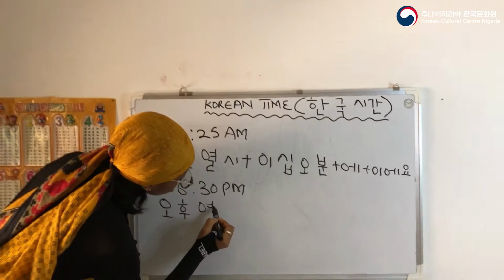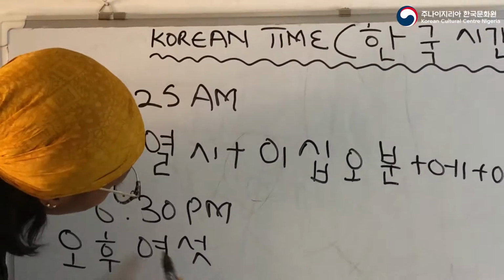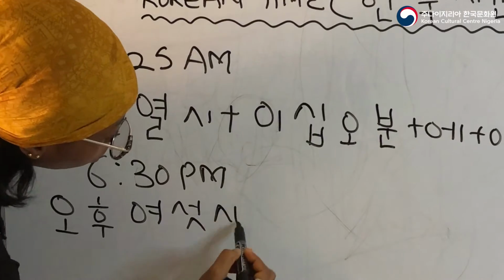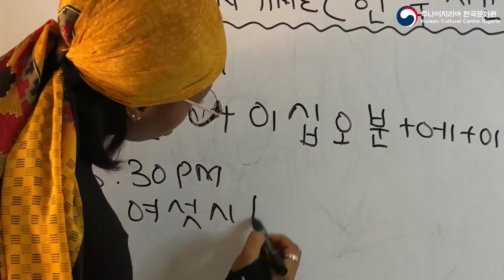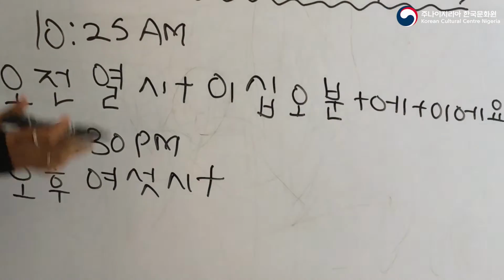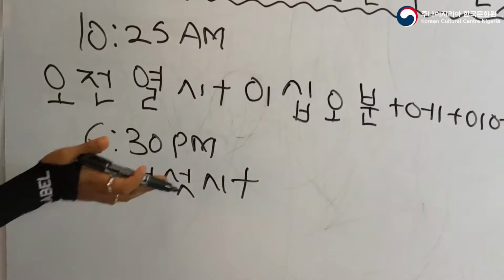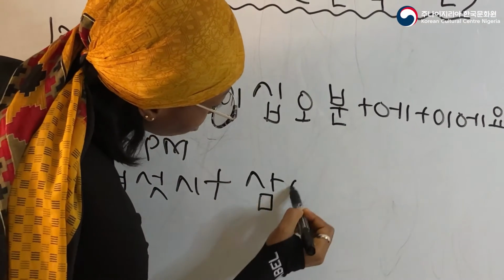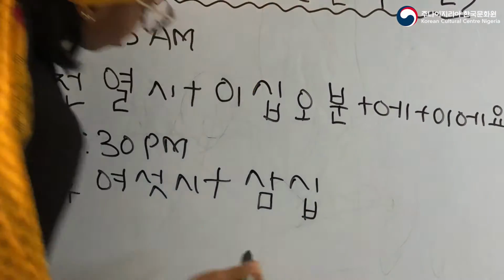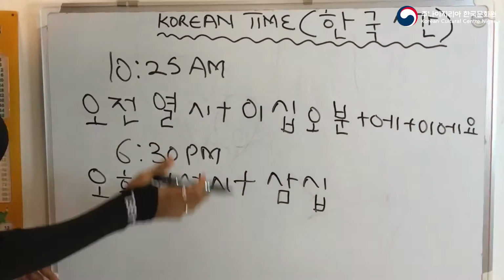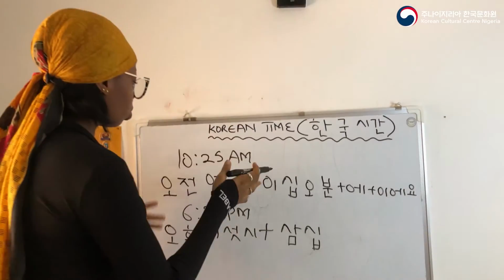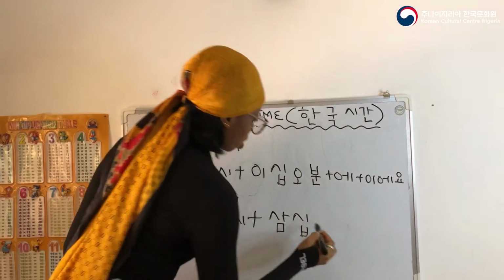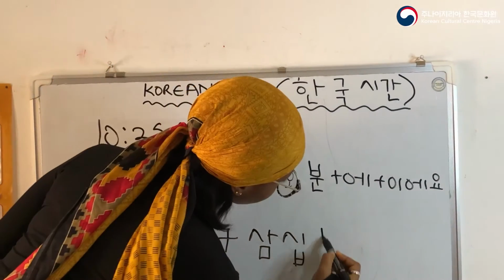So we write the yeoseot plus its counting unit, which is what? Shi represents the hour. And then we move on to what? The Sino numbers. Now 30 in Sino number is what? Sam-sip. And it's written this way, sam-sip. That's why I say you need to have an idea of the Korean numbers, so it aids you in knowing the time. And then what? Sam-sip bun.